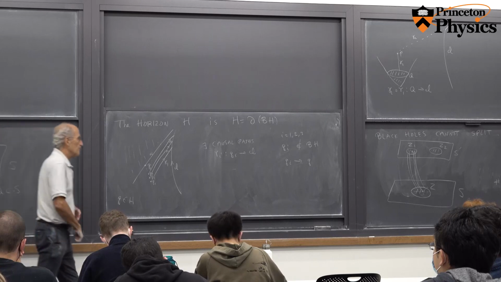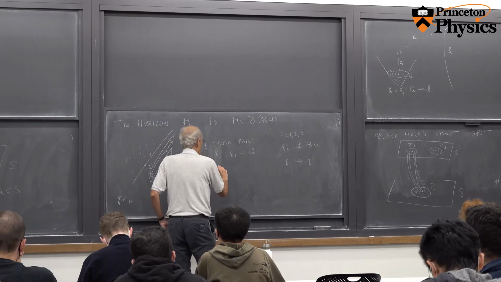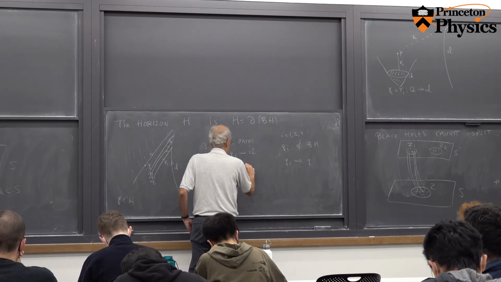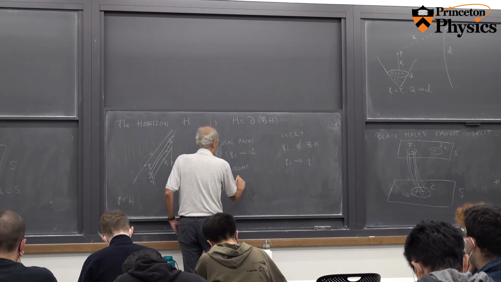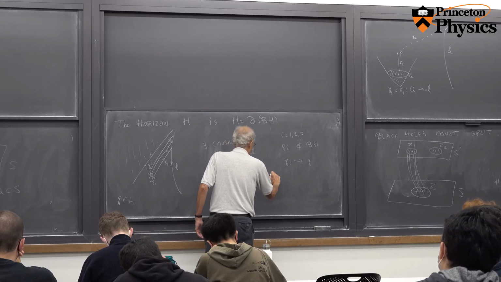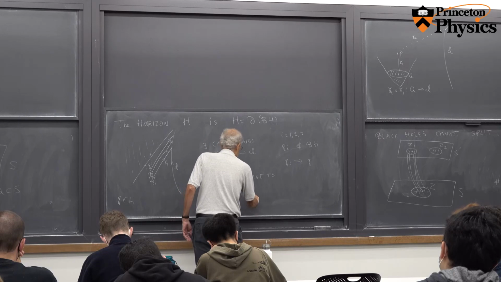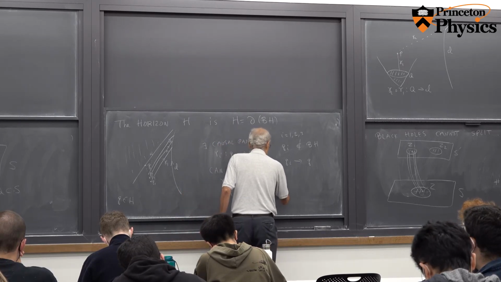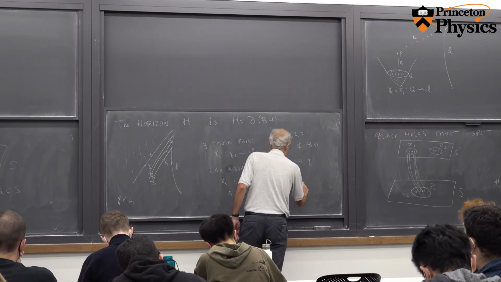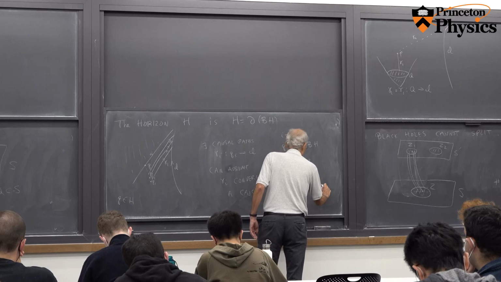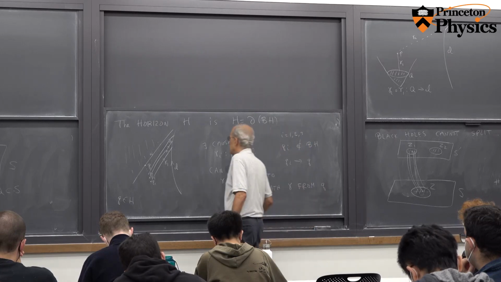So after passing possibly to a subsequence, we can assume that the gamma i converge to a causal path gamma from Q.